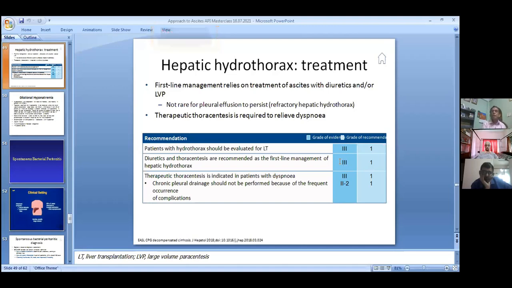And you should give the diuretic, and repeated thoracentesis should be done. You should not put in a thoracic drainage tube. So it is contraindicated. So the therapeutic thoracentesis with diuretic should be the treatment of choice for patients with hepatic hydrothorax.